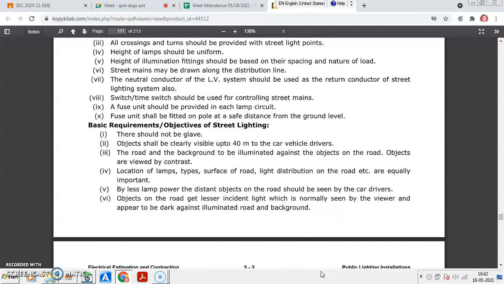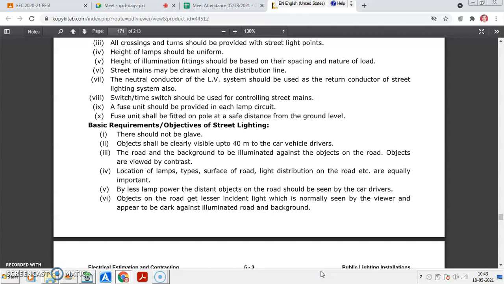Particularly the location of the road: in which area the road is located, what type of road it is, whether it is a highway, an internal road, a main bazaar road, or a historical place road. So it depends upon that. The surface of the road also matters: whether it is a concrete road, a tar road, or a rough road. It depends upon that. Also the scheme depends. Then particularly the distribution also depends.